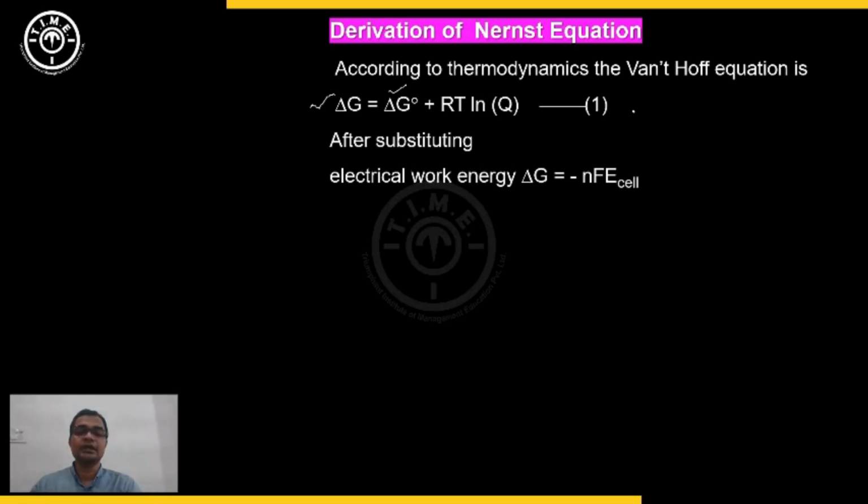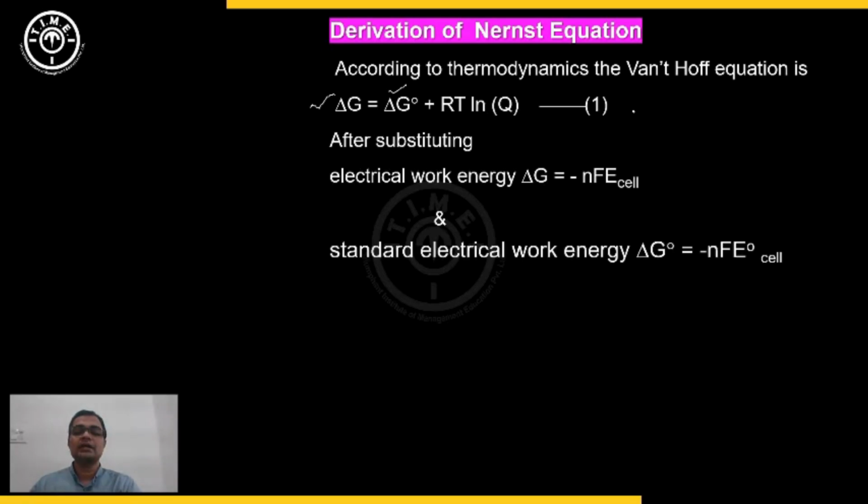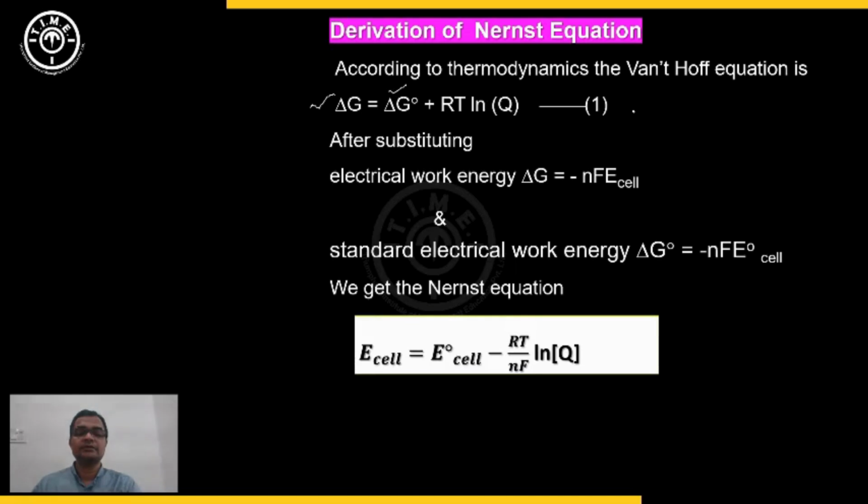After substituting the electrical work energy, delta G is equal to minus nF E cell, and the standard electrical work energy, delta G naught is equal to minus nF E naught cell. We get the Nernst equation. What is that? E cell is equal to E naught cell minus RT/nF log Q. This equation you will get.